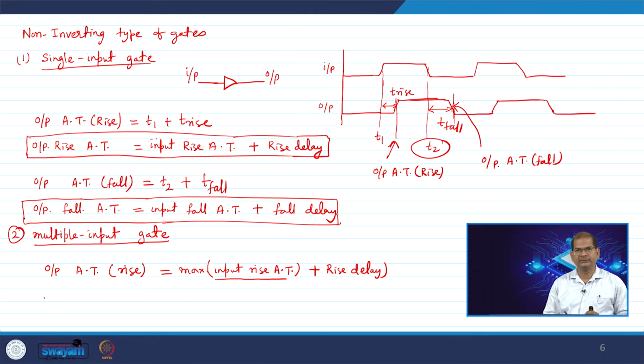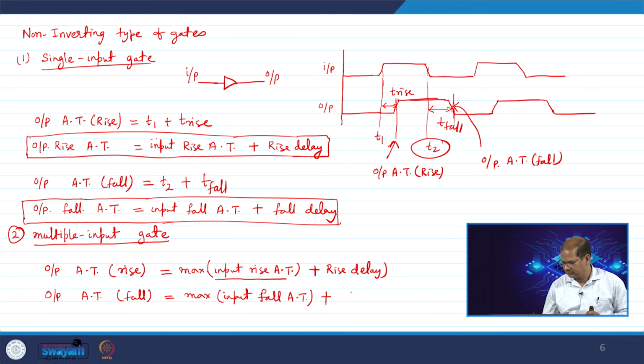All this analysis is for the critical path analysis, the longest path in the design. Output arrival time fall is basically max of input fall arrival time plus fall delay.